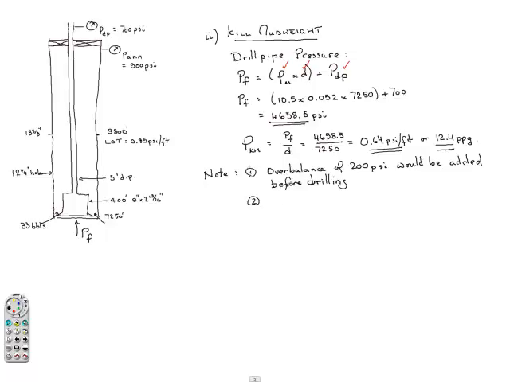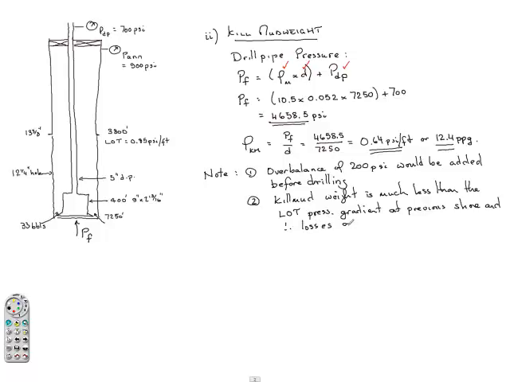The second point to note is that if you compare this pressure gradient here, 0.64 psi per foot, with 0.85, it's quite clear, and we should always check this, that the kill mud weight is much less than the leak-off test pressure, strictly speaking gradient, leak-off test pressure gradient at the previous shoe, and therefore losses are not expected when killing the well.